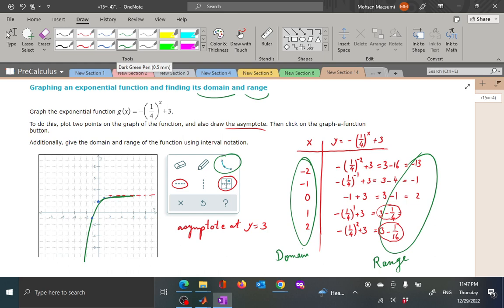So the next best thing to get an idea of what the domain and range are: domain is the set of all x's for which we have a y value. So for 0 we have a y value, for 1, for 2, for 3, for 5, and so on. If you had the patience to write more of them, there is nothing that's disallowed.